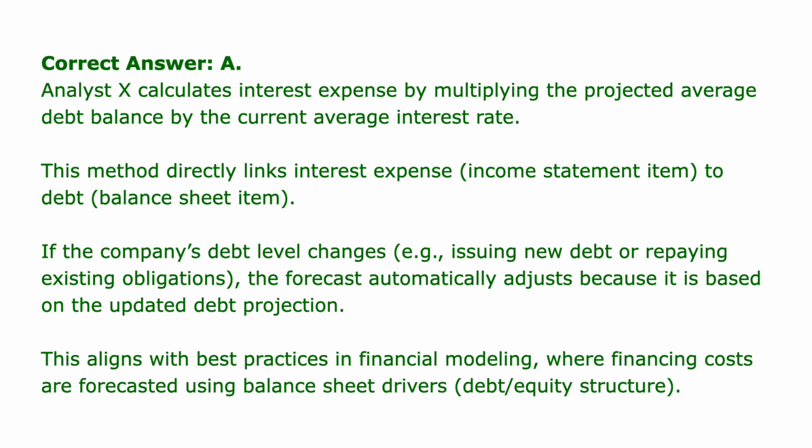Analyst X calculates interest expense by multiplying the projected average debt balance by the current average interest rate. This method directly links interest expense to debt, ensuring automatic adjustments if the company's debt level changes. This approach aligns with best practices as financing costs are forecasted using balance sheet drivers.